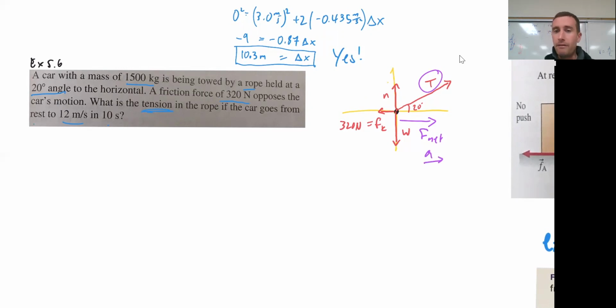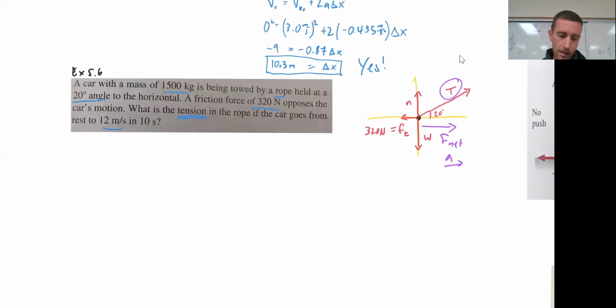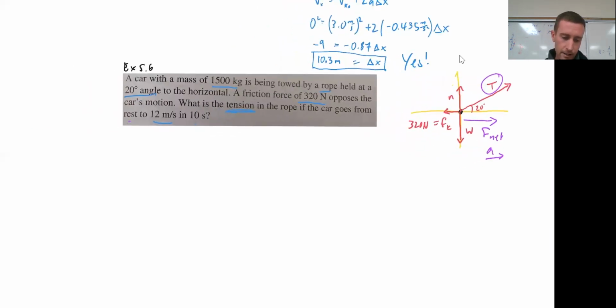So let's start by figuring out the component to the right, because I think I can find my acceleration. The car goes from rest to 12 meters per second in 10 seconds. If I find the acceleration, then I could do the mass times the acceleration and figure out the horizontal component of force. And I think I can go from there.